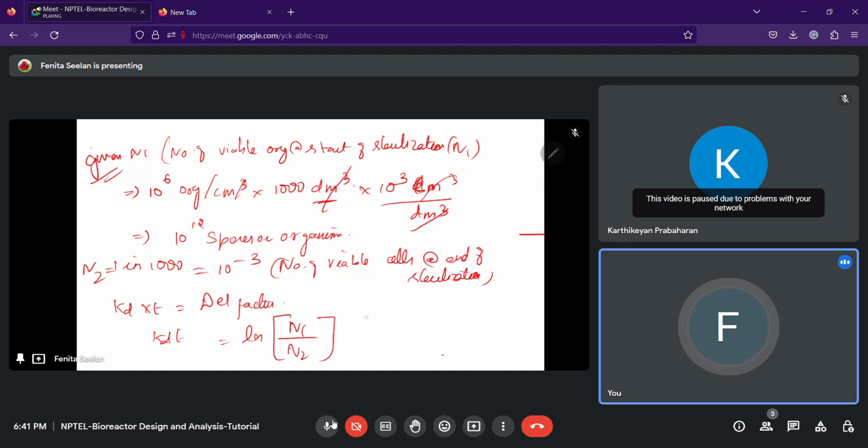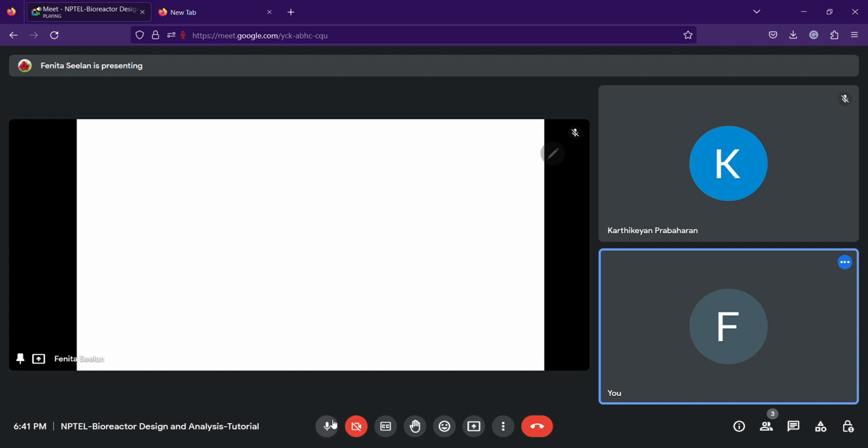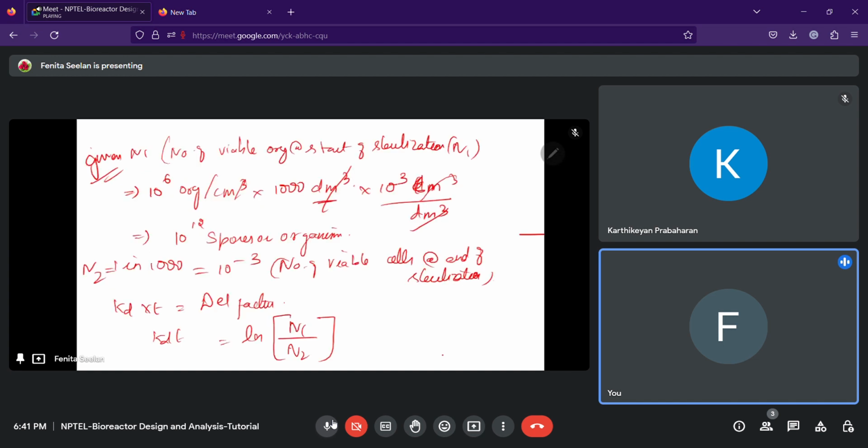So if you do this, what you will get is ln of 10 power of 12 divided by 10 power of minus 3, right? What would be the answer?